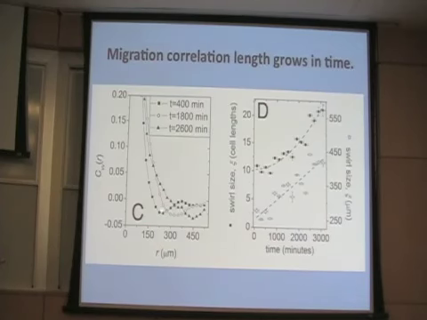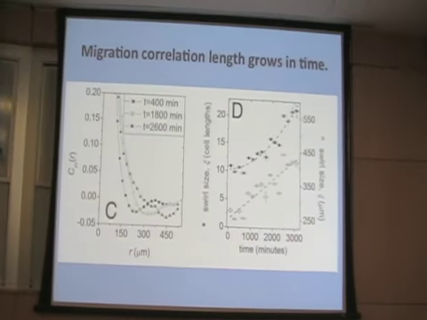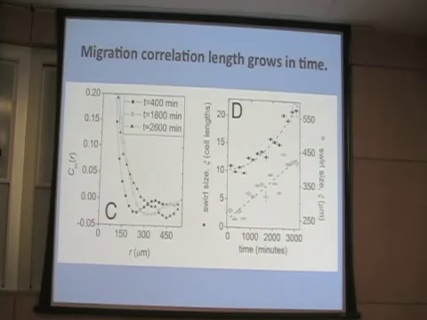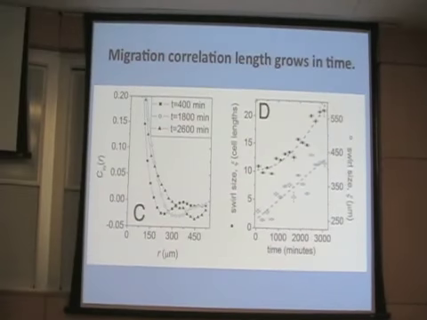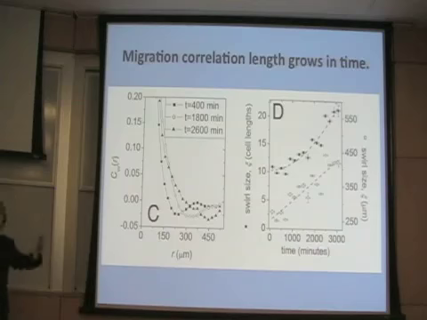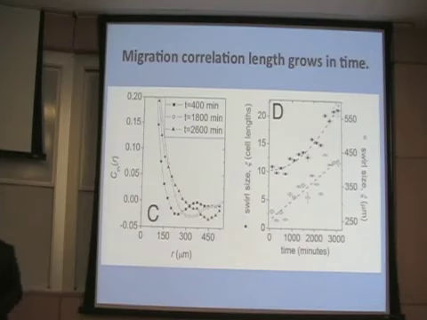We take this negative minimum to be basically, if you have a velocity vector here and you look some distance away, they're going in the opposite direction, and that defines a domain over which they can move together. And you can see that correlation length grows as well in time, whether you plot it in microns or in units of cell lengths, say.